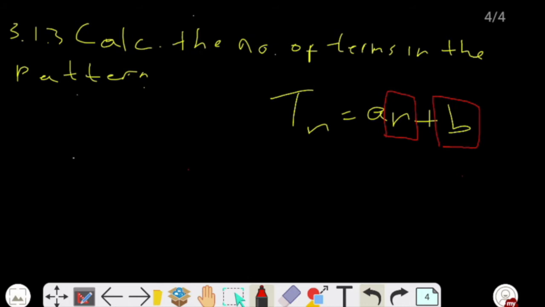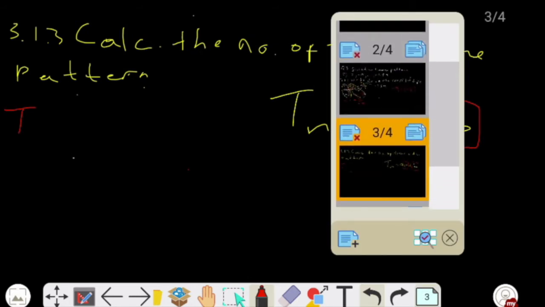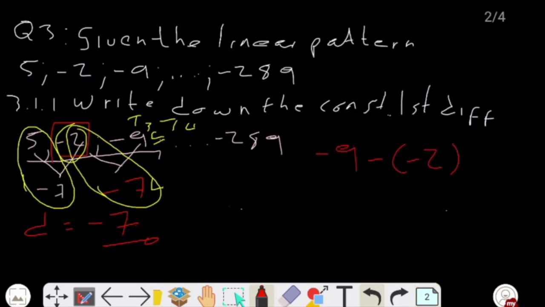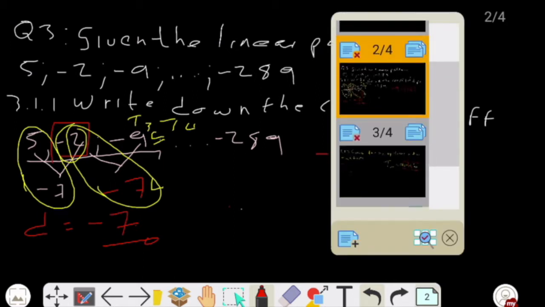We get the value for b by choosing to substitute any term in your sequence, right? Let me choose the 5, or let me just write it down here so that I won't have to go back to the slides.